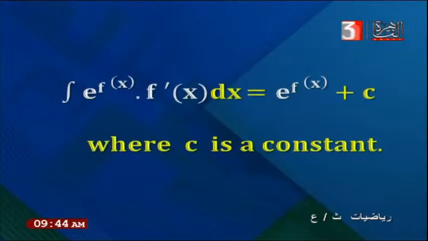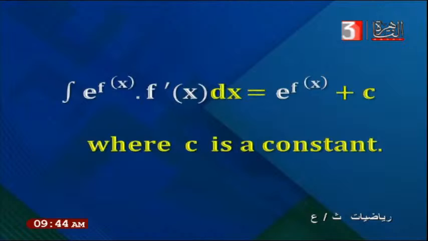Here the power f of x is a differentiable function, and the derivative of the power is f dash x. Then the integration of e to the power of a differentiable function multiply the derivative of the power equals e to the power f of x plus the constant c.